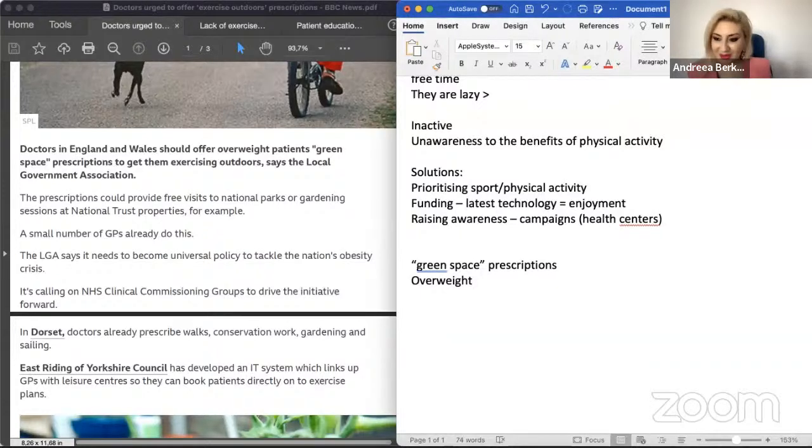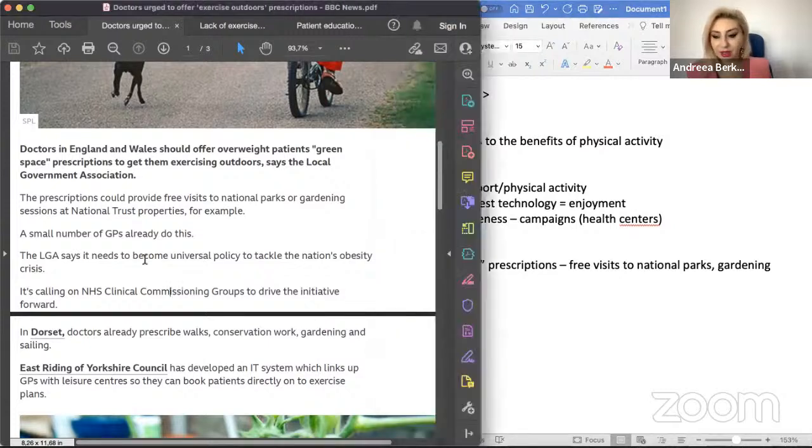Gardening sessions, something we don't usually have in our vocabulary because, of course, we don't learn about gardening at school. Universal policy. Do you see how interestingly it's put together? We have to tackle, which is a good verb in academic essays. It should become a universal policy to tackle the nation's obesity crisis.